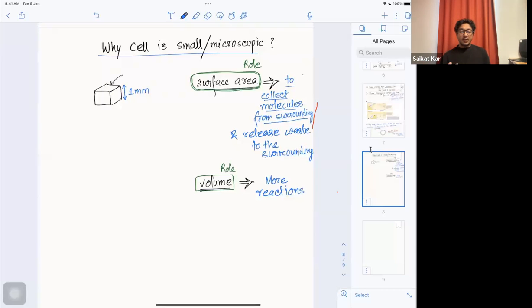And how will it obtain more material? With the help of its surface, which is in contact with the environment.